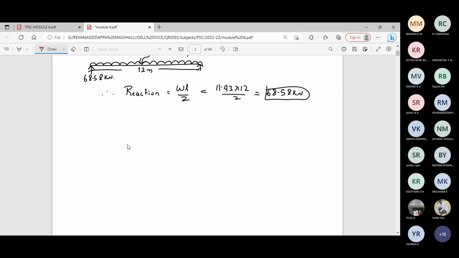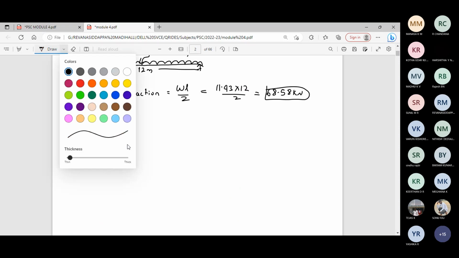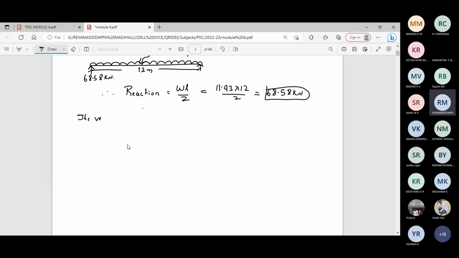The vertical component of pre-stressing force is equal to P sin theta, where sin theta value is 4E by L for the slope of a parabolic cable.